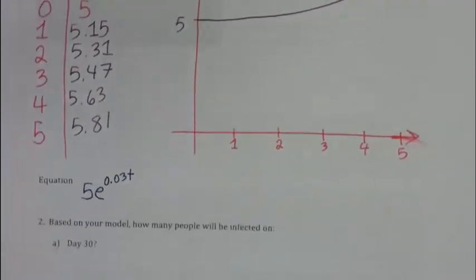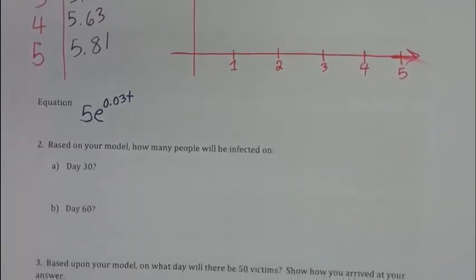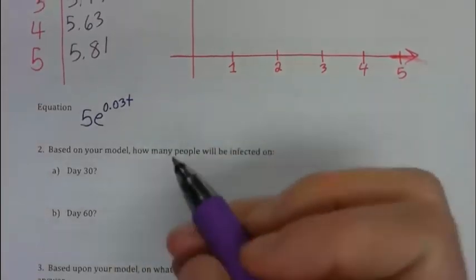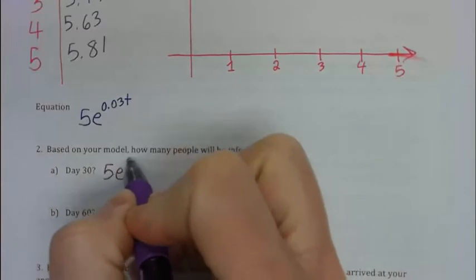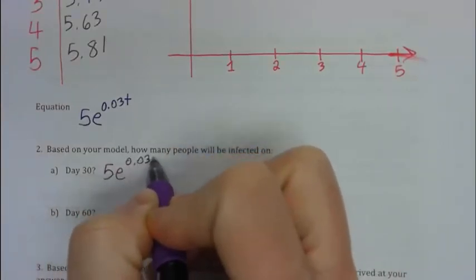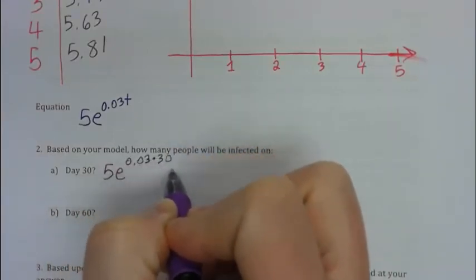Now that we have our equation, we're going to look at day 30 and day 60. Both are fairly straightforward things to find. For day 30, it will be 5e^(0.03 times 30).